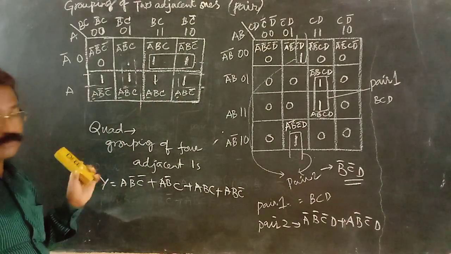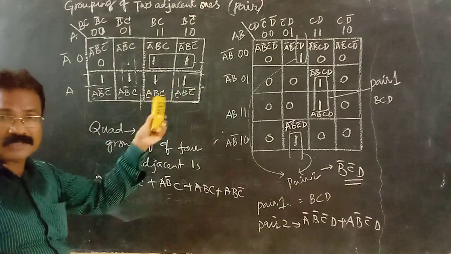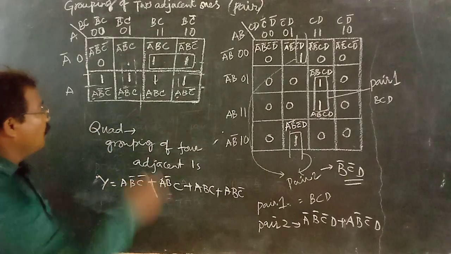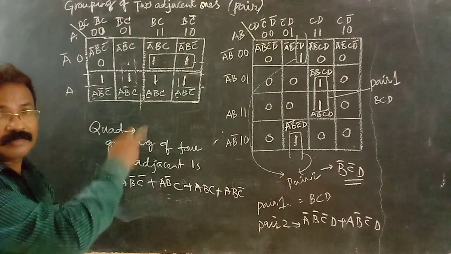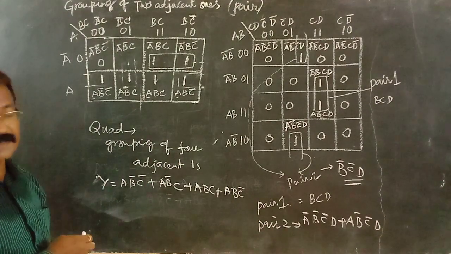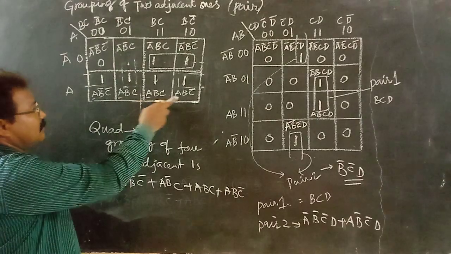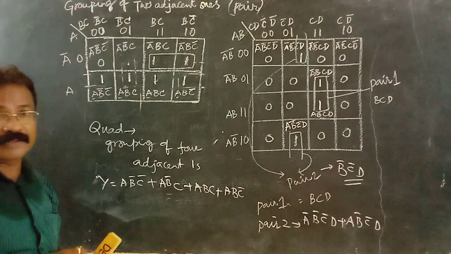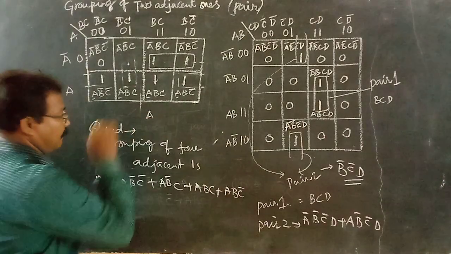While observing this row, A is common in all the minterms, in all the squares, in all the cells. Remaining are different: B bar C bar, B bar C, B C, B C bar. So the final answer can be taken as A.